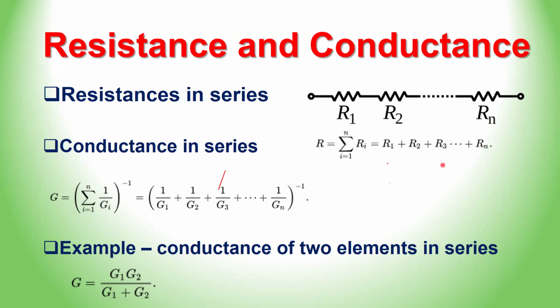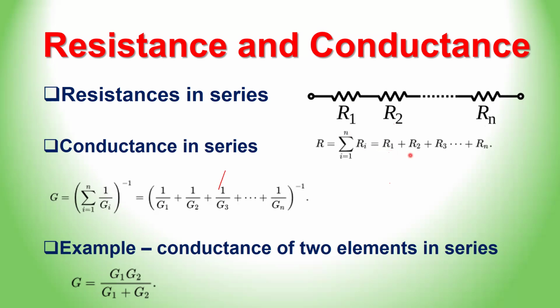Analytically, we can express that connection with this equation: R equals the sum of all the resistances Ri, where i goes from 1 up to n.